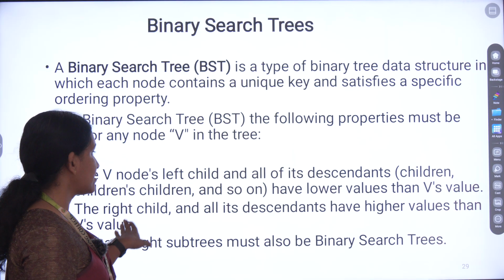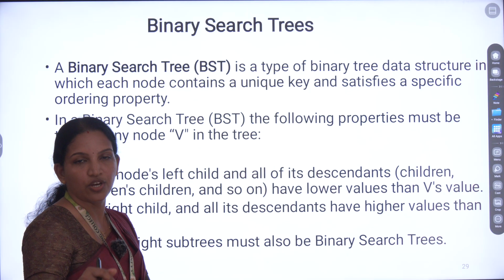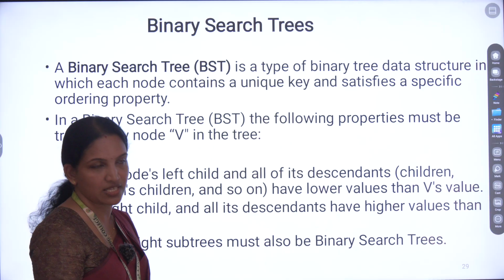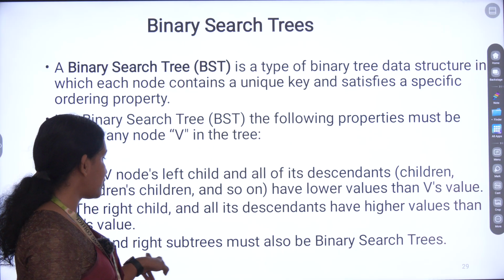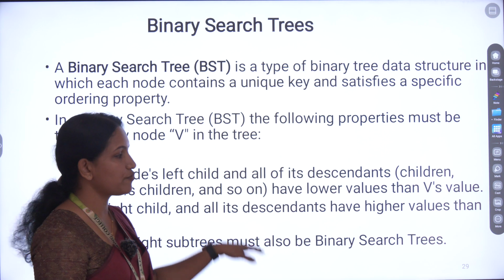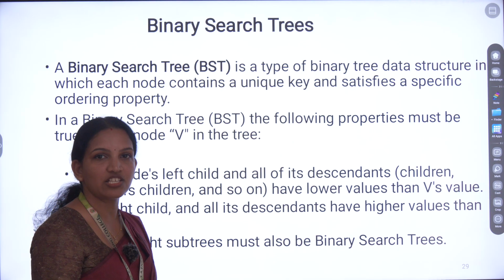Second condition is that V node's right child and all its descendants should have values greater than the value of V node. Third, the left and right subtrees must also be binary search trees. So if these three conditions are satisfied, we can call the binary tree a binary search tree.